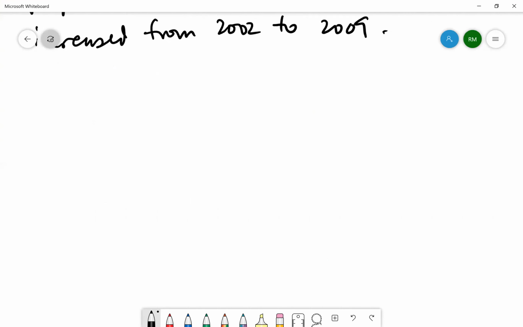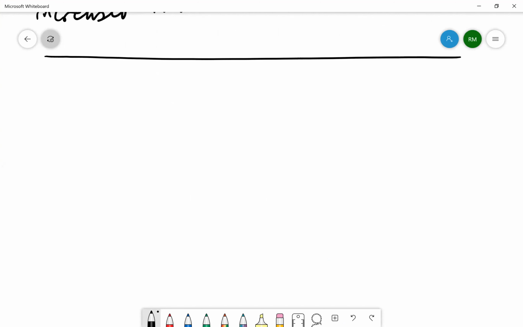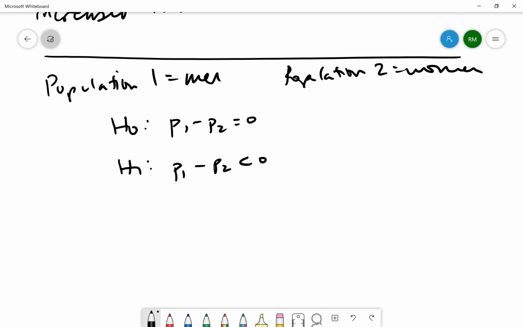Okay, so we have two populations, and population 1 will be men. And population 2 is women. And we're looking at the proportion of people who smile. So the null hypothesis is that they smile the same in public, but the alternate hypothesis is that men smile less in public.